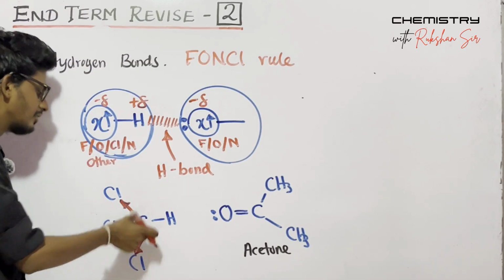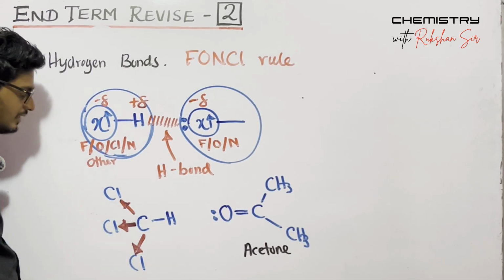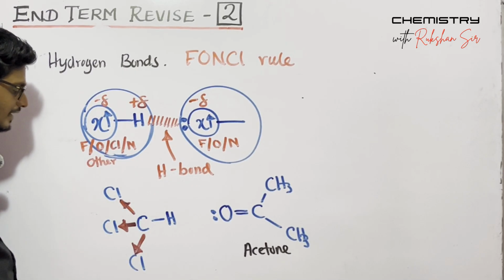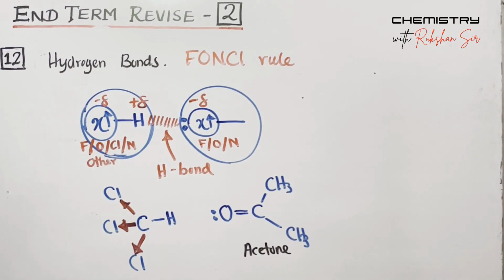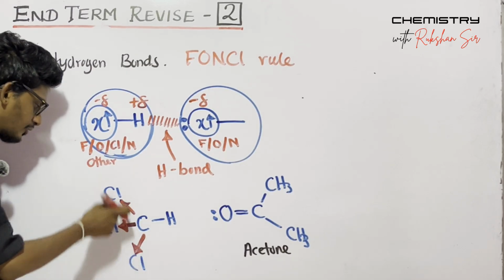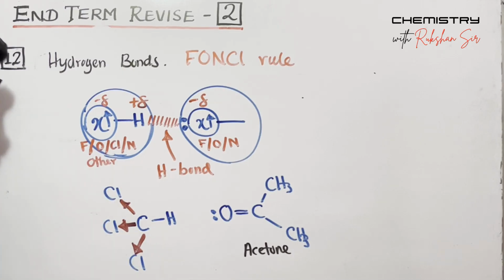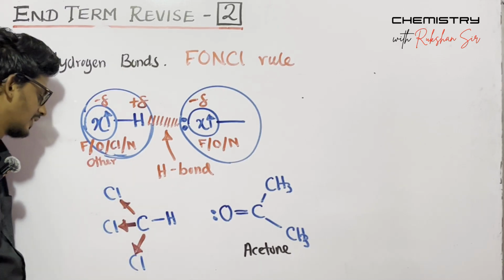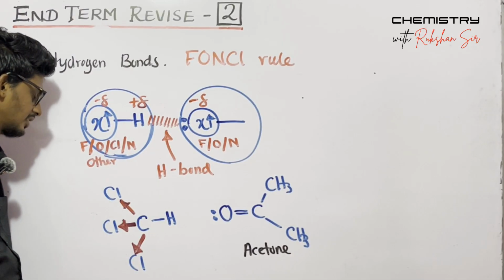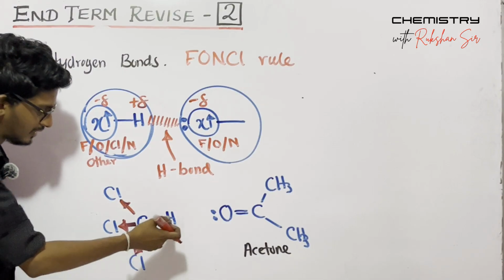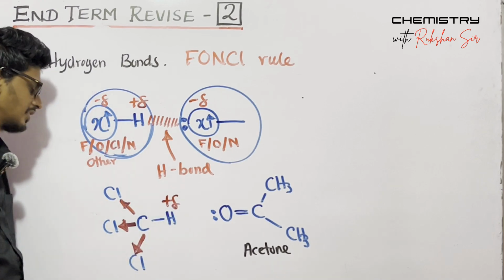That means its electronegativity is very high. When considering this carbon, its electronegativity is almost close to the electronegativity of nitrogen, because of the effect of these three chlorines. As the three chlorines are very highly electronegative, they heavily attract the electrons of the carbon, making it highly electron deficient, so that the carbon tends to attract electrons heavily from this hydrogen, creating a very positive charge here.